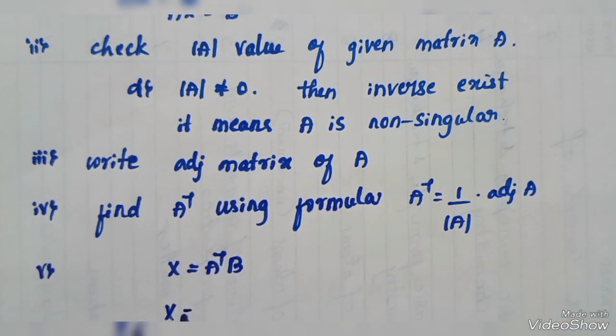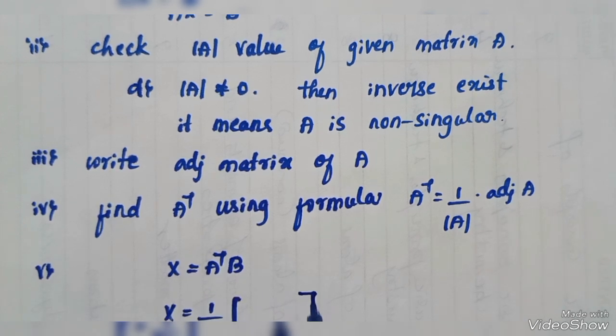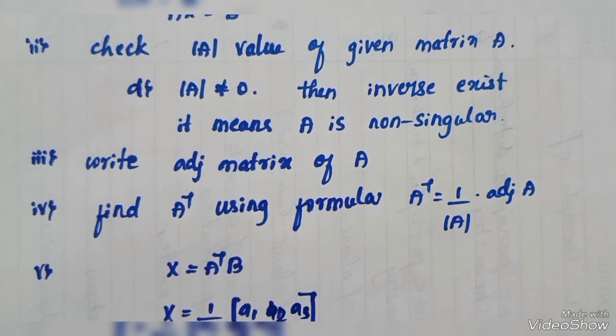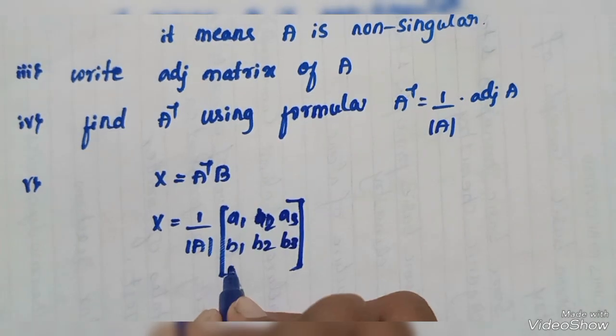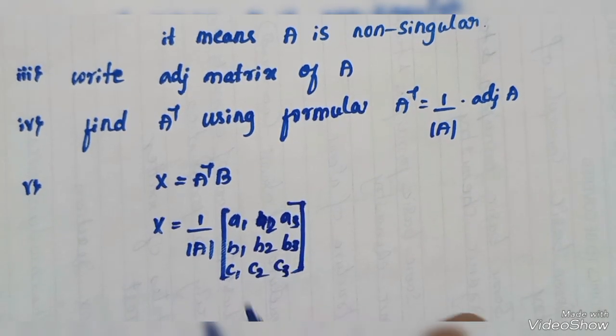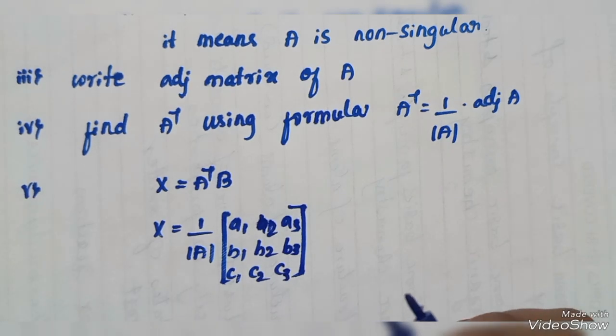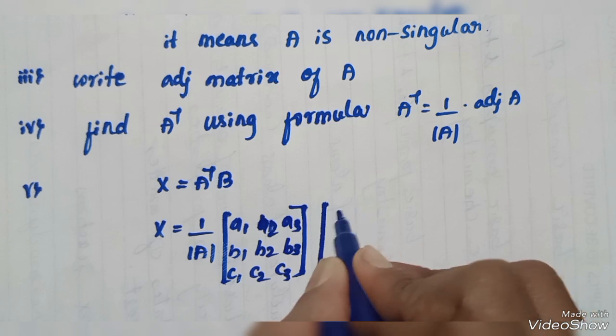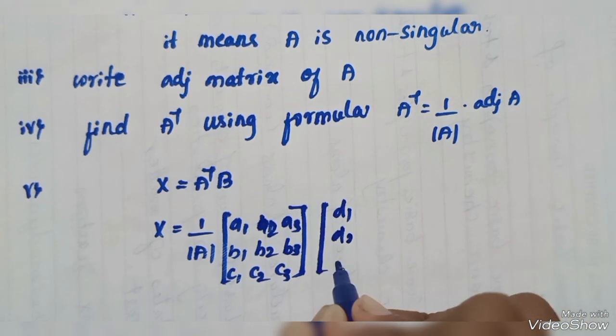Then x is equal to 1 by determinant of A into the A inverse matrix, that is A1 A2 A3, B1 B2 B3, C1 C2 C3. This is the adjoint matrix. Then the B matrix contains the values D1 D2 D3.